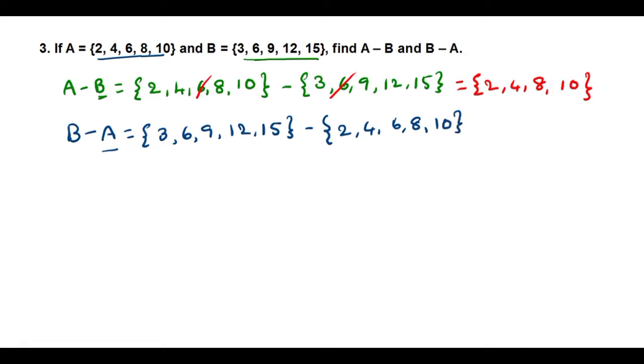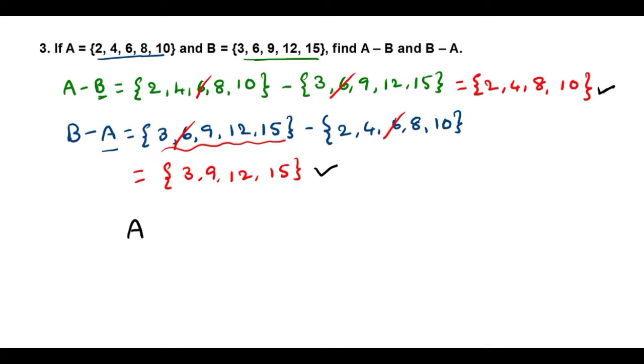What is cancelled in both? As usual, 6 is common in both, so we cancel it and write the remaining elements from set B: 3, 9, 12, 15. Correct? Then you can compare these two. Are they equal? No, they are not equal.